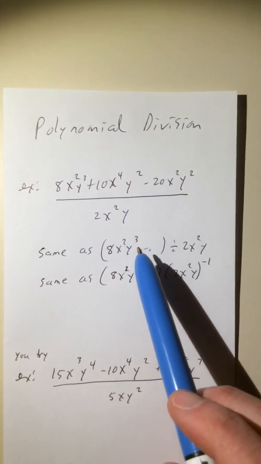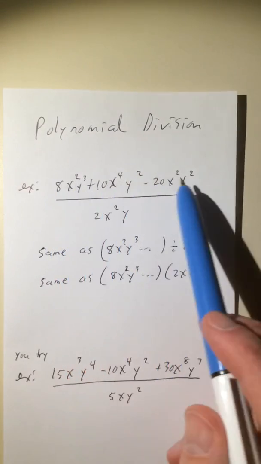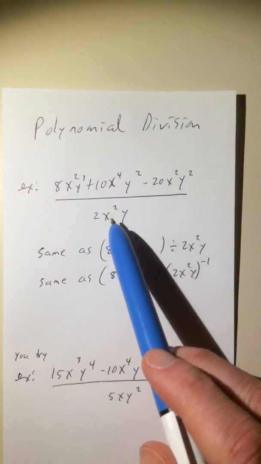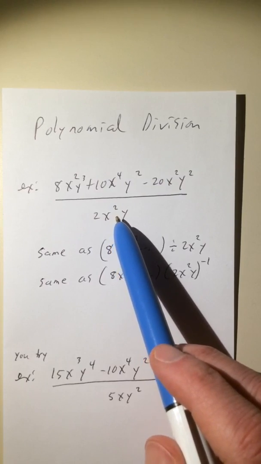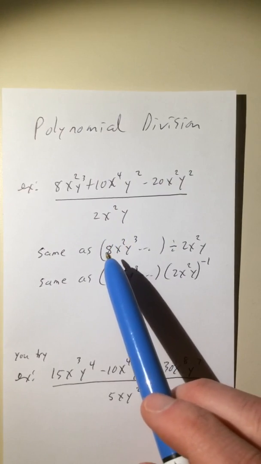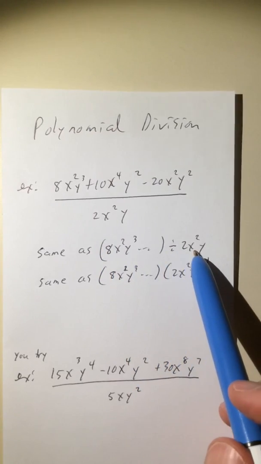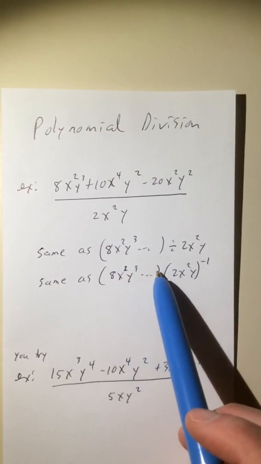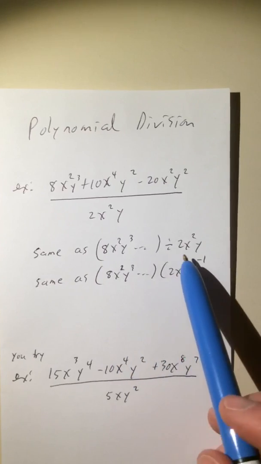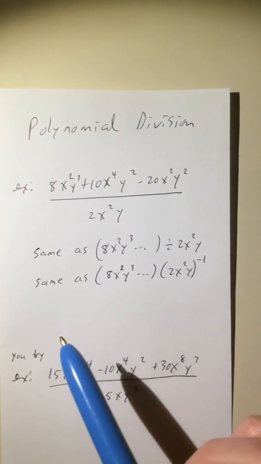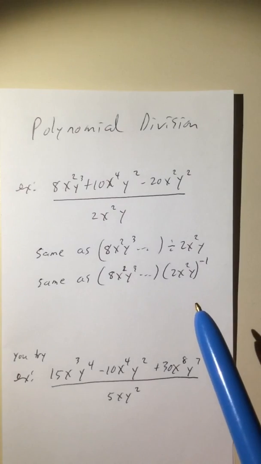These three things all mean the same thing. Top thing with the division bar and the bottom thing, the denominator. Or we could write numerator here with a division sign, denominator. Or we could write numerator here, denominator here with a negative 1 power. All that stuff means exactly the same.